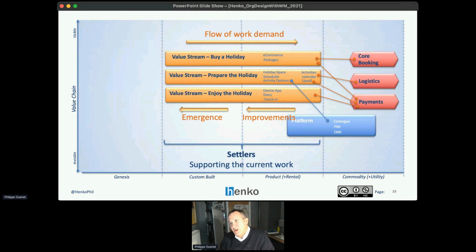What you worry about here is basically flowing the demand and ensuring that people actually work on valuable things. But at the same time, it's important to think about how we identify improvements. How do we emerge some new thoughts from doing the work? What is emerging to consider in the strategy? And how can you keep that cycle going? And here, it's very much the settler space. It's about supporting the current work.